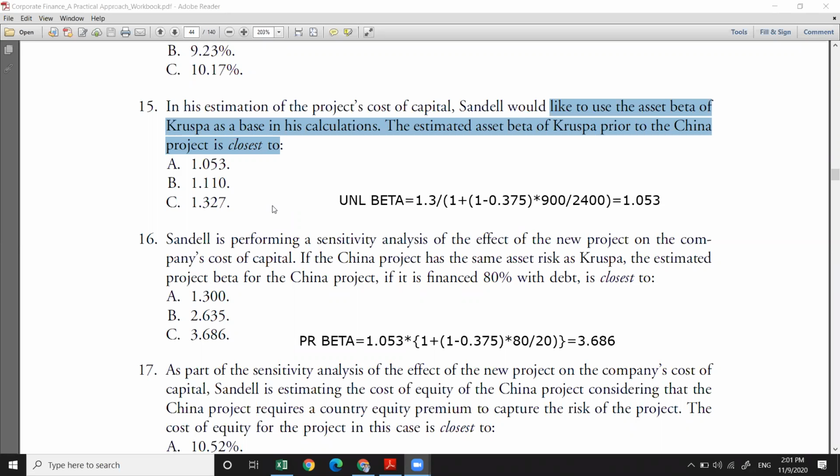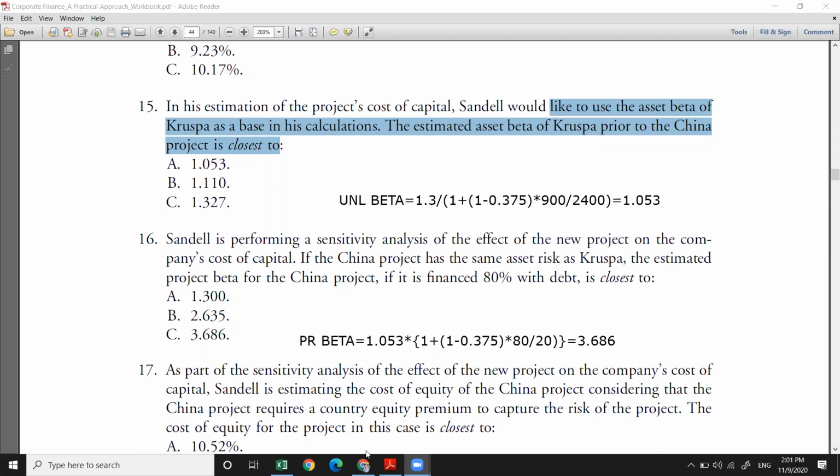So we need to find the cost of equity using the CAPM model. The risk-free rate is given, the project beta was found, and the country equity premium is given as well.